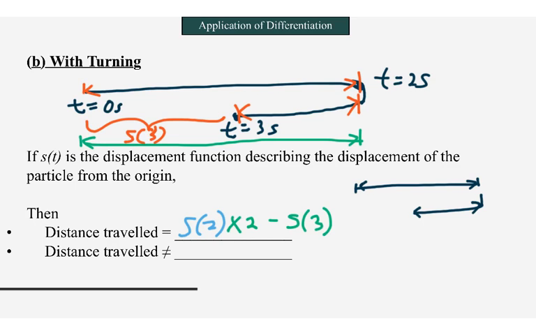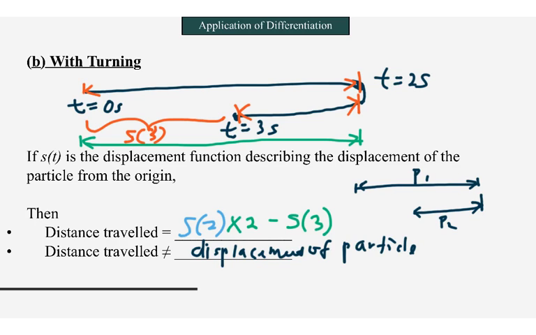We take the total distance traveled by the first pathway plus the second pathway. Hence, the distance traveled by the particle cannot be written as the displacement of the particle.